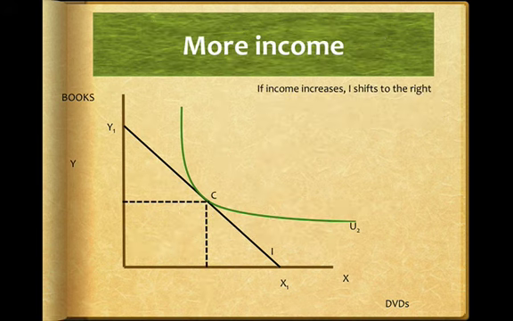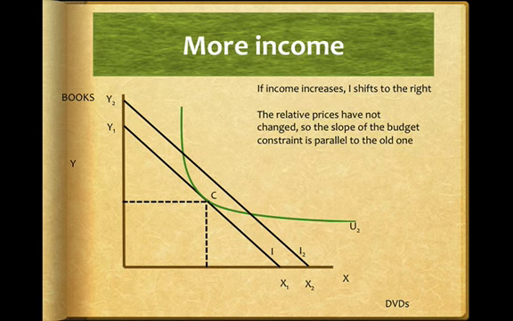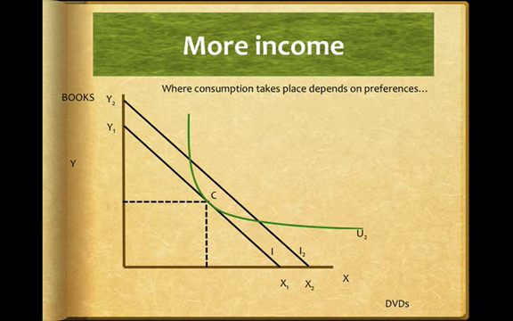Now, if we increase her income, we would see that the income constraint, or the budget constraint, will shift to the right. The relative prices haven't changed here, so the slope of the budget constraint is parallel to the old one, and then we can throw in a new indifference curve.